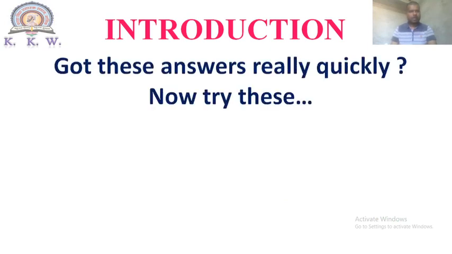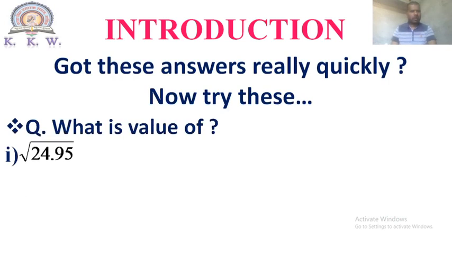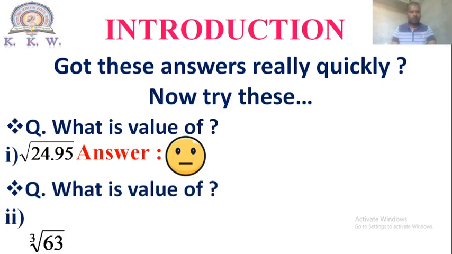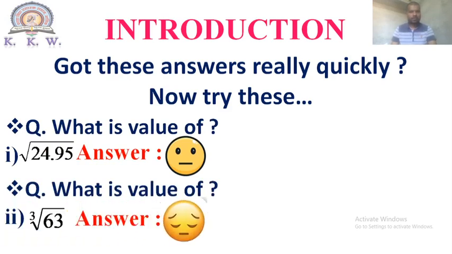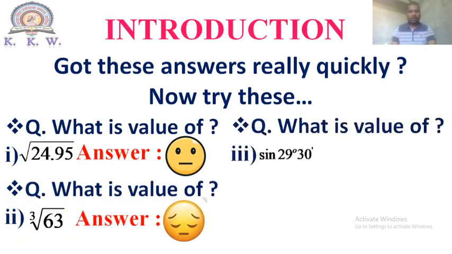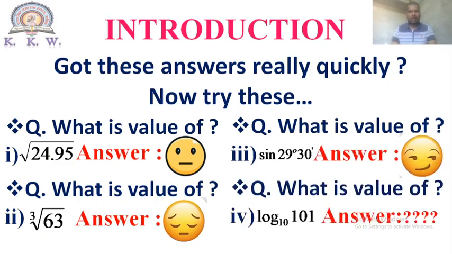But it is not easy to find the approximate value of square root of 24.95, cube root of 63, sin 29 degree 30 minute, log 101 to the base 10.